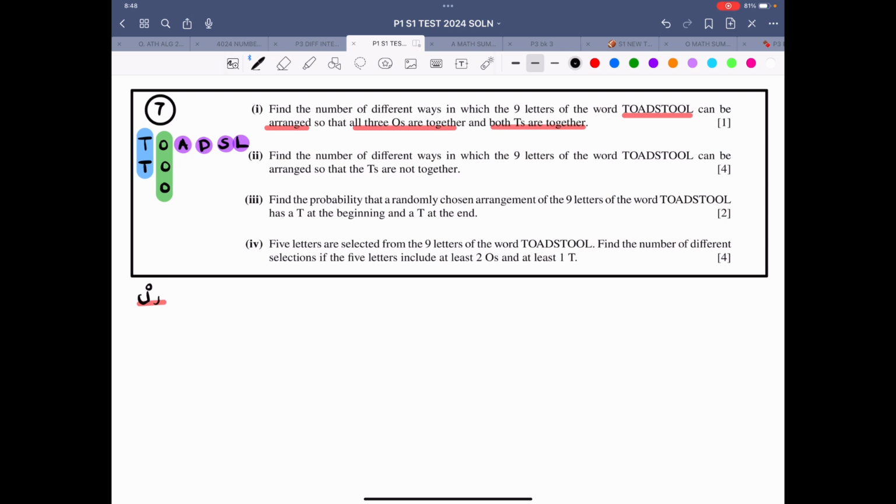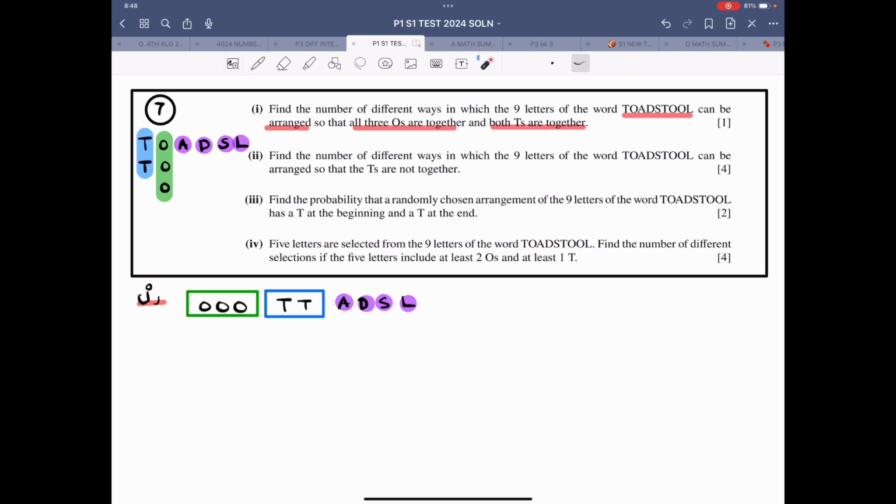So the 3 O's, let me just draw a box. And then there are 2 T's. Let me draw another box, and then there are these different alphabets. So let me write the O's inside, let me write the T's, and then we have A, D, S, and L, and these ones, they are separated 1, 2, 3, 4.